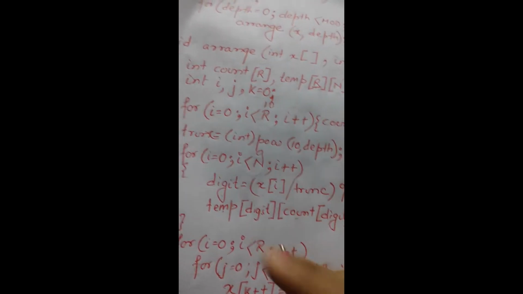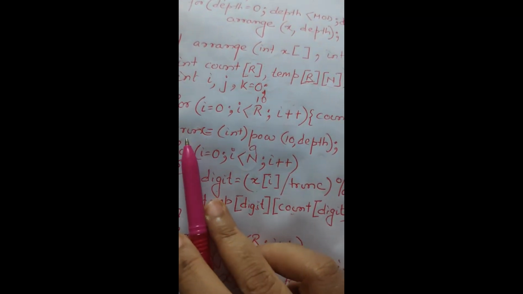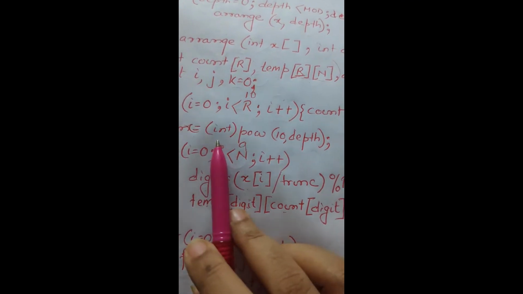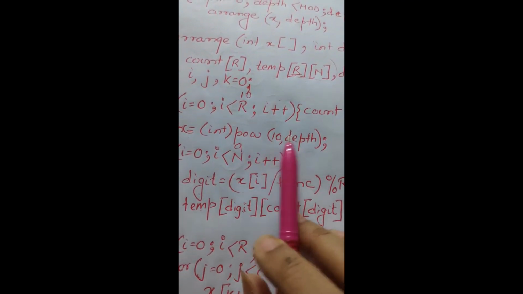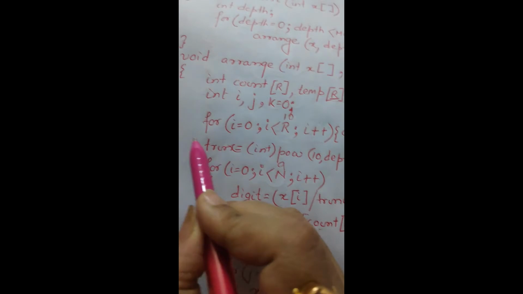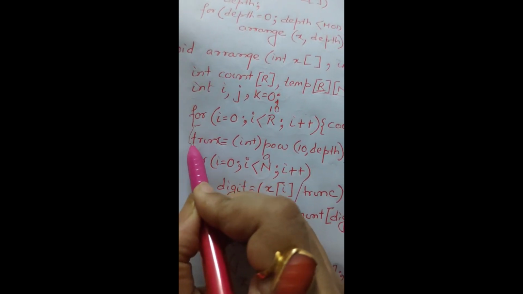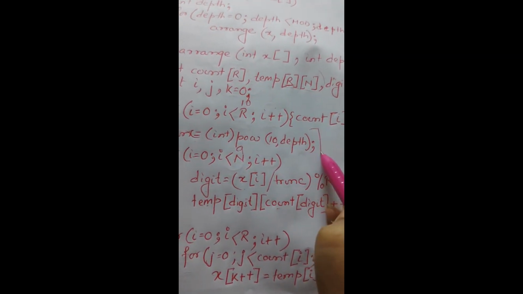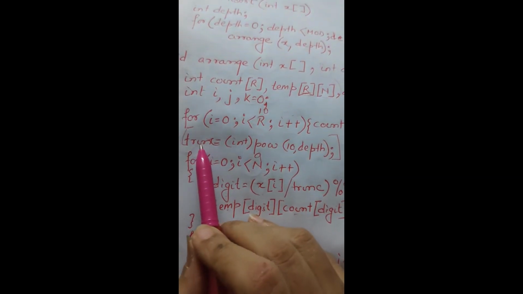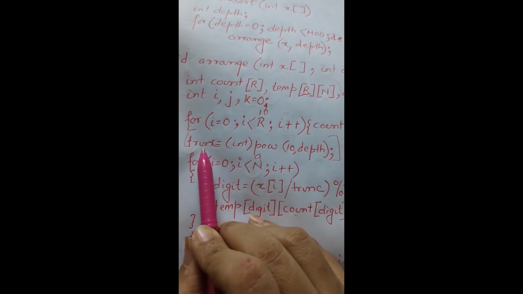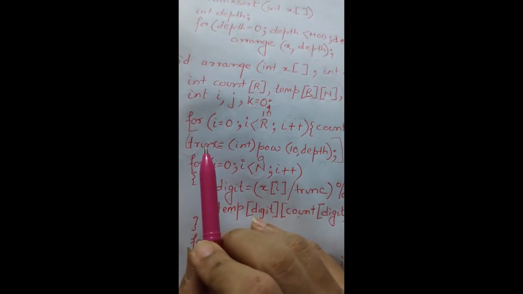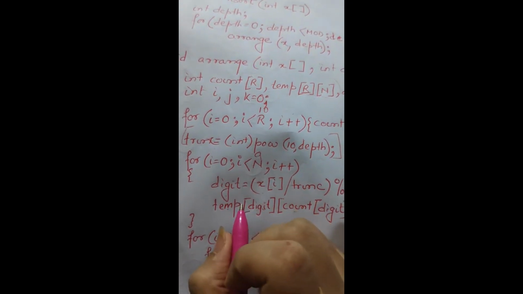Now let's come to the next loop. No, before we come to the loop, this is another important statement. trunc is equal to int pow 10 comma depth. Now this trunc is the statement using which you will find out a power of 10, or an index, using which the number can be truncated.